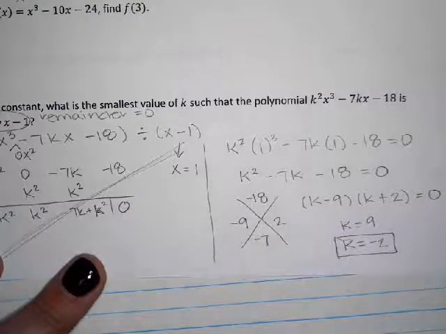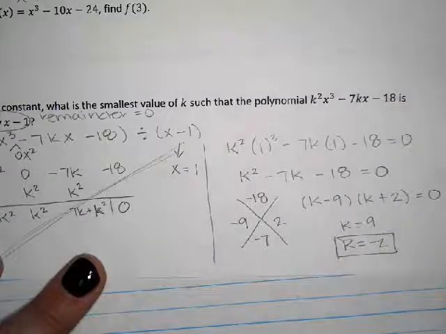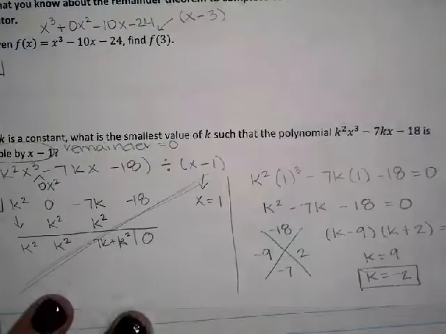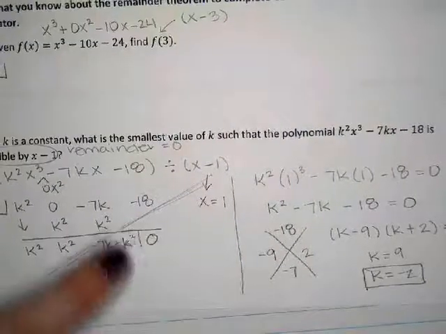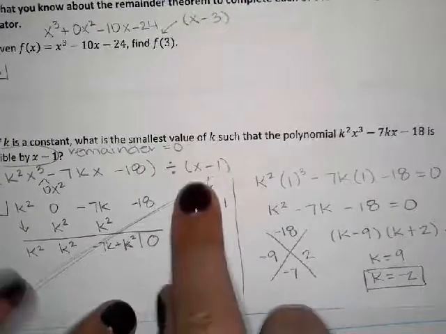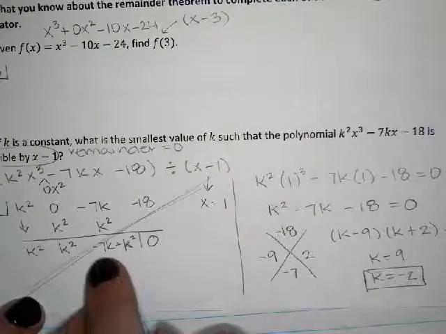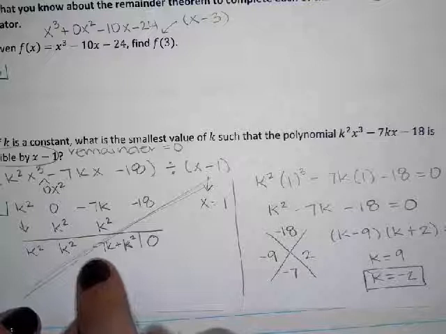With this one, it's possible that we made a mistake somewhere. I'd have to look more closely at it. But usually with synthetic division, you have two ways that you could set it up, and one way seems a little bit easier, and I default to that one.